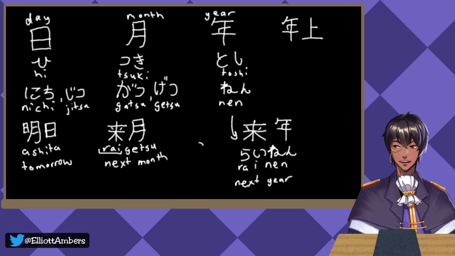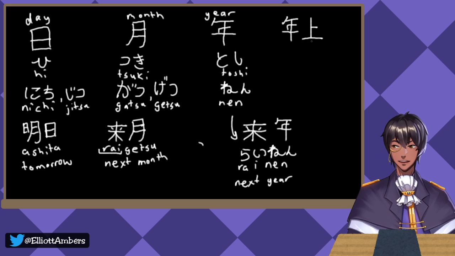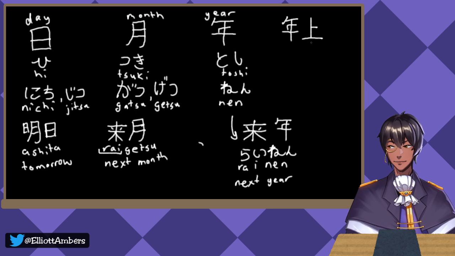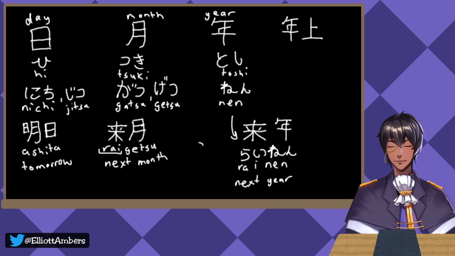It uses the kanji for year and then above. So there's a couple of ways that you could probably interpret this. I wonder if anyone has an idea for that. We have year and then above. What would one interpret from year above?